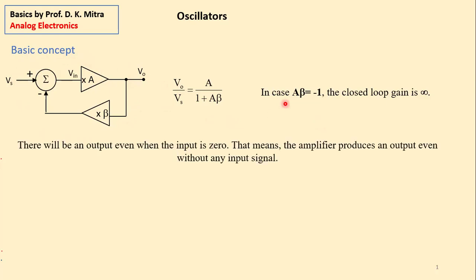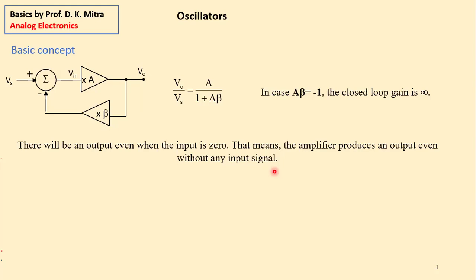It practically means that there can be an output even when the input is 0. Right? That means the circuit will not need an input, but it will give an output. That means the amplifier produces an output even without any input signal. That is the requirement of an oscillator.